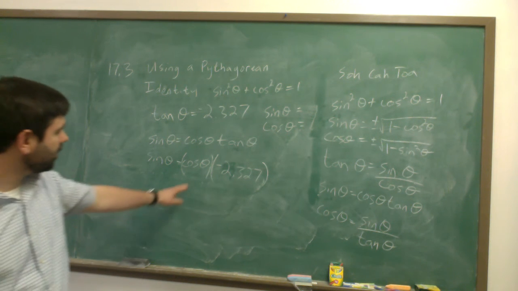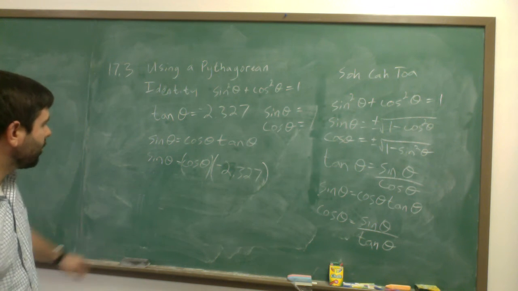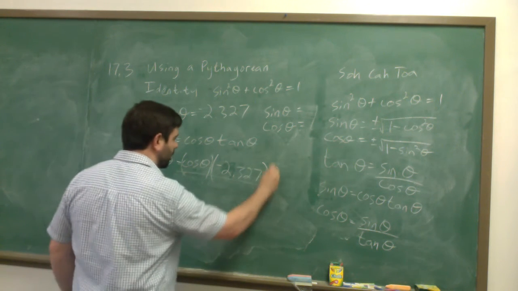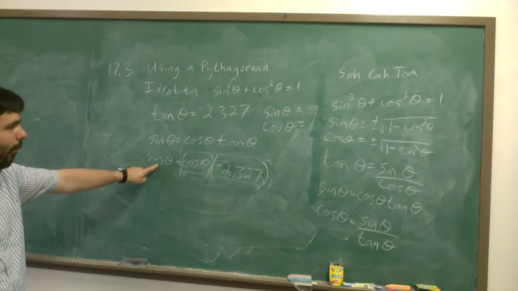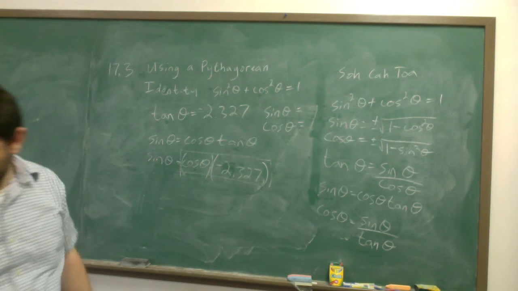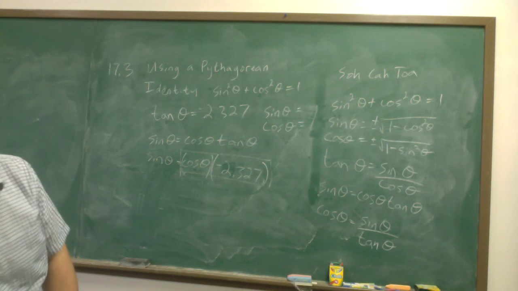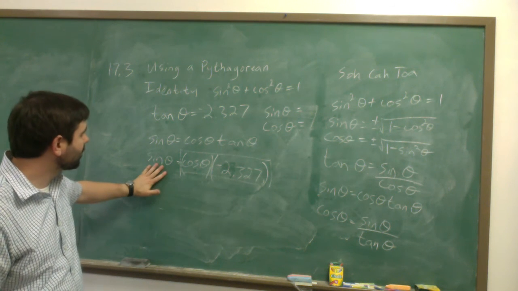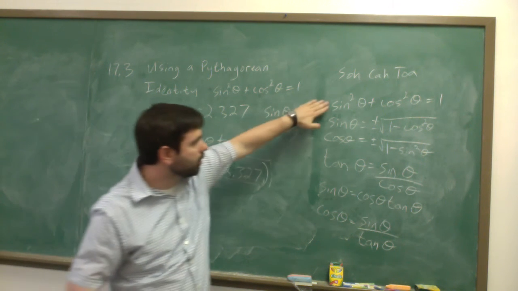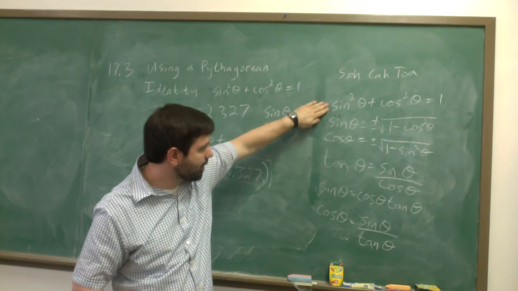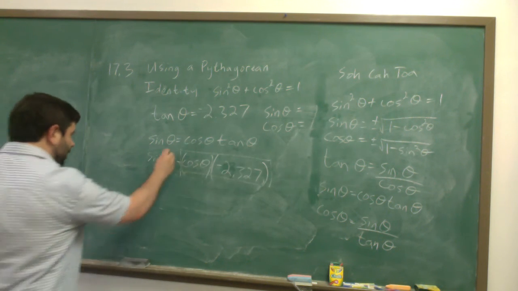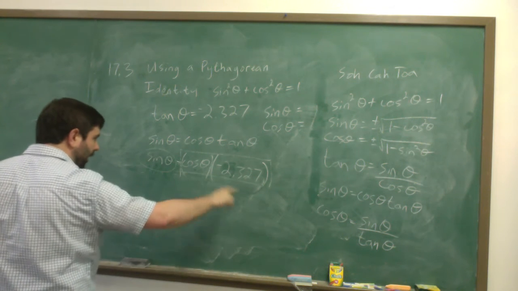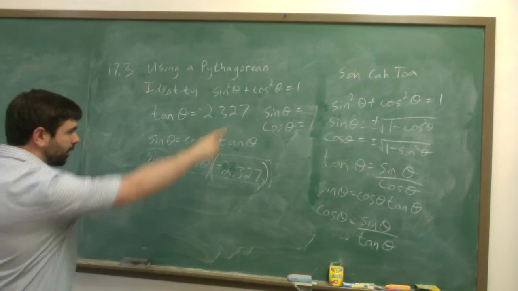Now we want to find cosine of theta. Now this part over here equals sine theta. Okay, that's what sine theta is. Now we are going to plug this back into our Pythagorean identity. Sine squared theta plus cosine squared theta equals 1. And we're going to use this value for sine squared theta. So sine squared theta comes first.